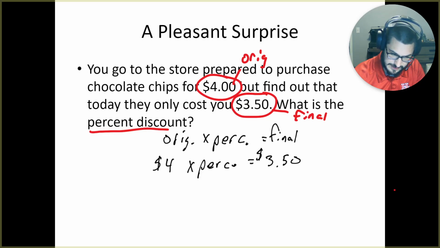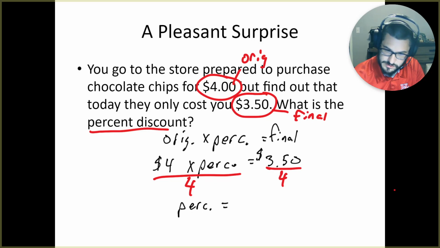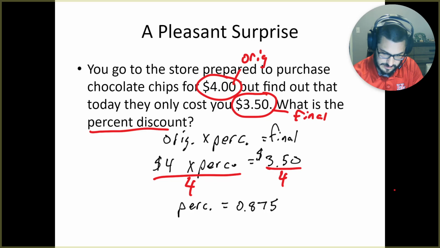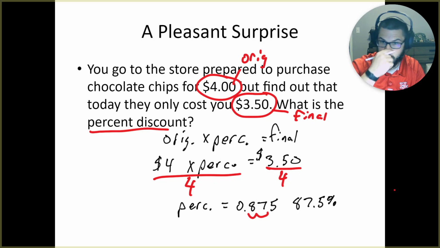So when I find that percent, I'm going to divide by 4, and percent equals 0.875. That's the decimal form of that, which means that was 87.5% of the total. Again, this is like the trickiest type of thing that ACT will give you.